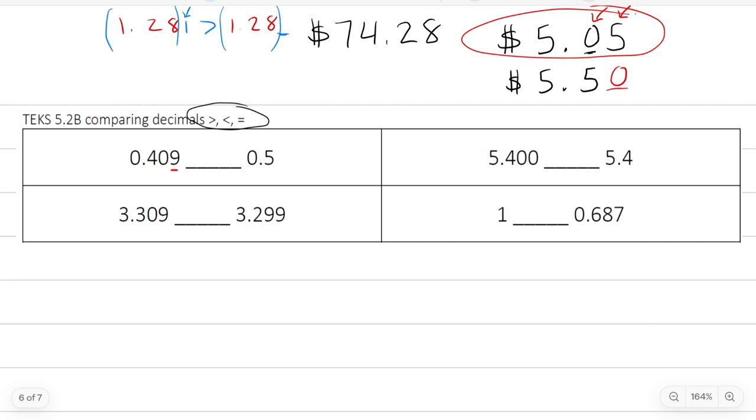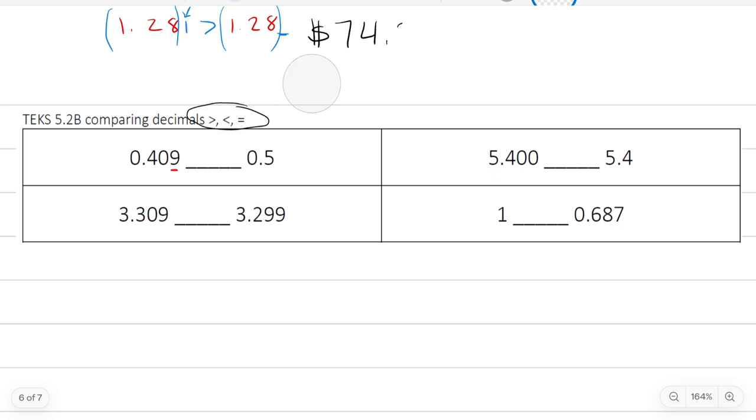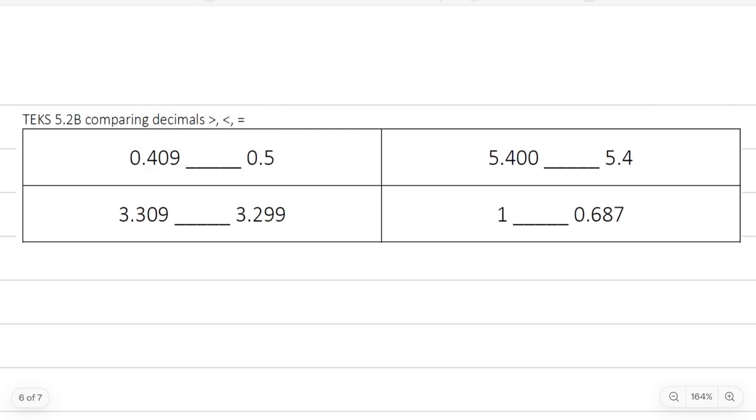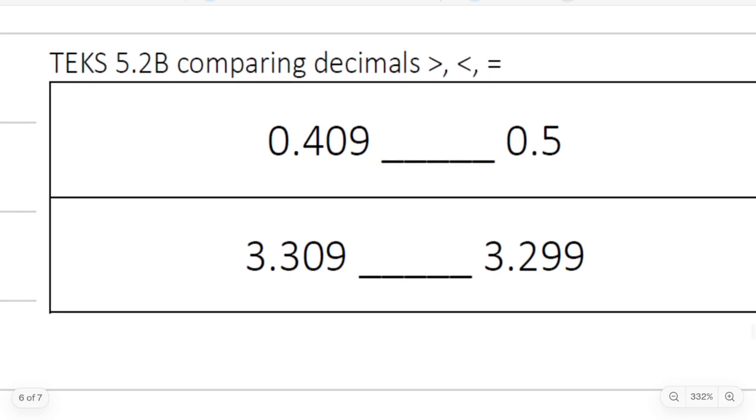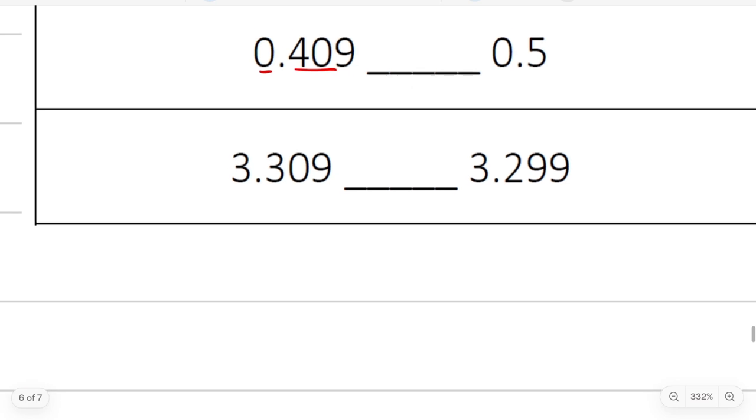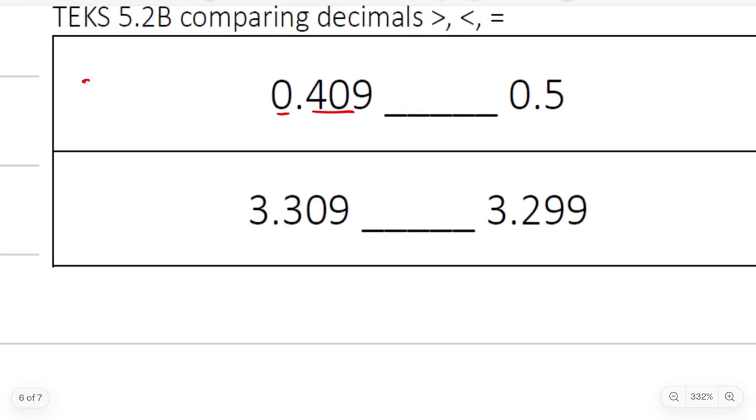So let me just get right into it, and I think once I do, it's going to make more sense to you. For your strategy, what you want to do is write it like money. Let's look at this one right here. If this was money, I have $0, but I do have 40 cents. So far, I know that I have $0.40. That's what I have.